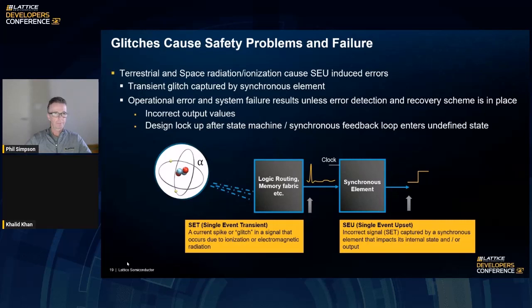This is unless there's some built-in error detection or error correction mechanism that flags the problem and takes corrective measures. As an example, if an error propagates inside a finite state machine logic, it could cause an undefined state to be reached and completely lock up the operation of a circuit controlled by the FSM. Failing to detect and correct such an issue can potentially lead to a catastrophic system failure.